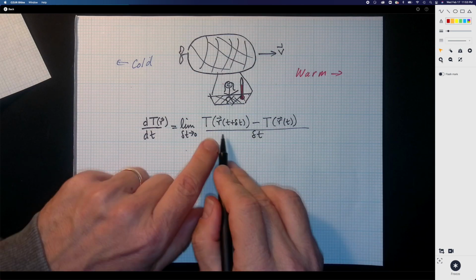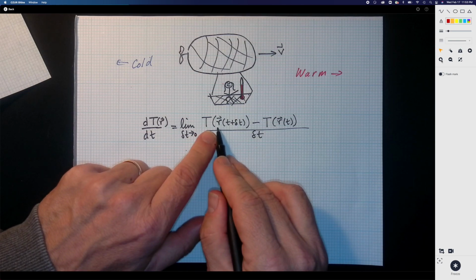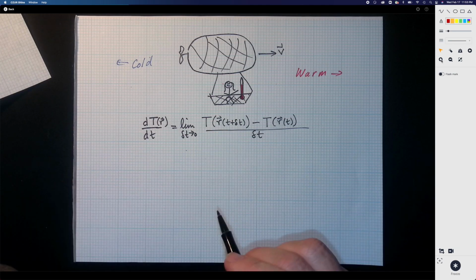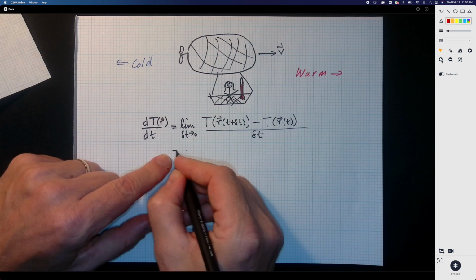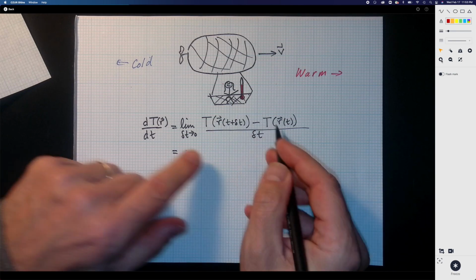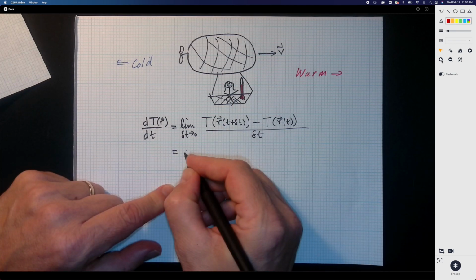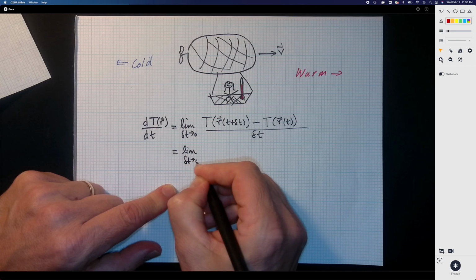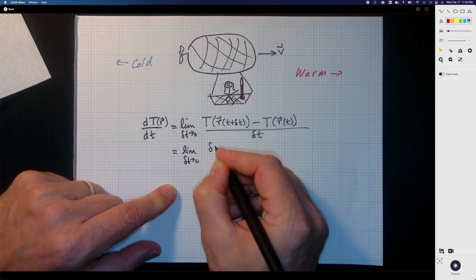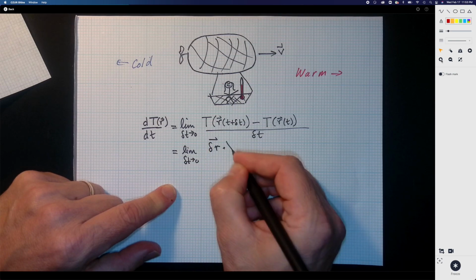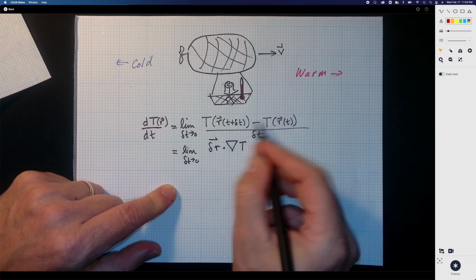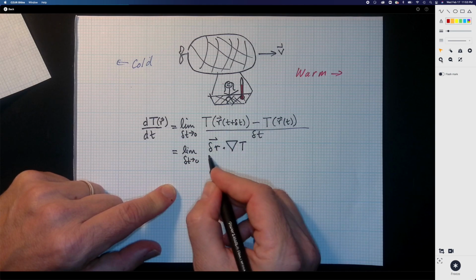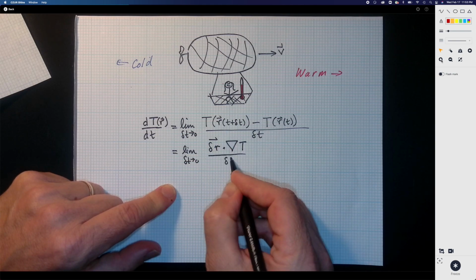So this time temperature is changing implicitly because the position r is changing with time. And we can rewrite it this way. This is the change in the value of the function. That's going to be equal to the limit as delta t goes to 0 of delta r dotted with the gradient of temperature. That's the difference in the temperature, divided by delta t.